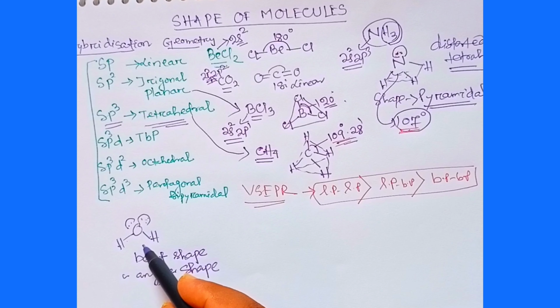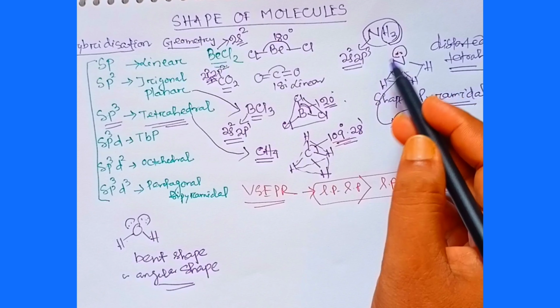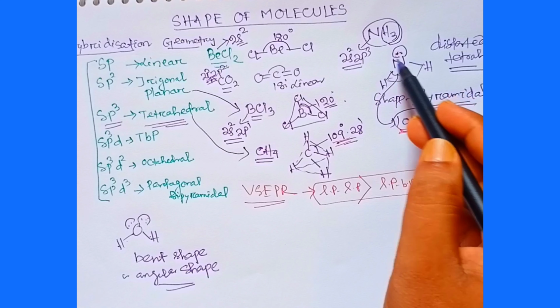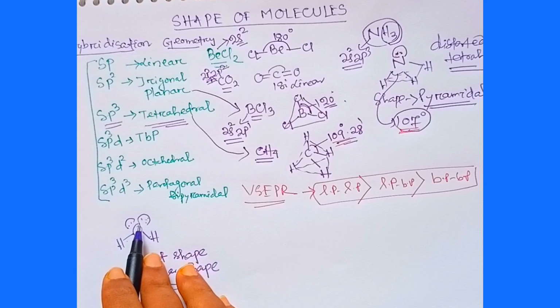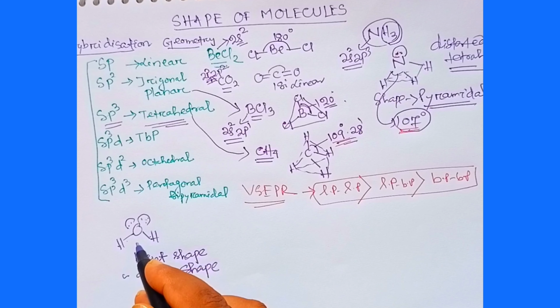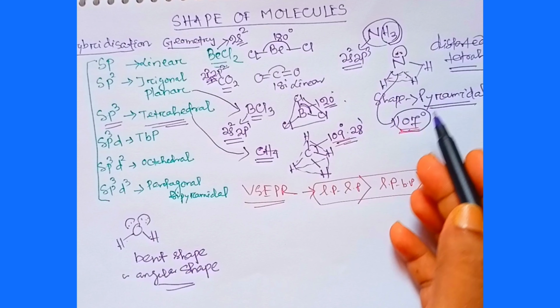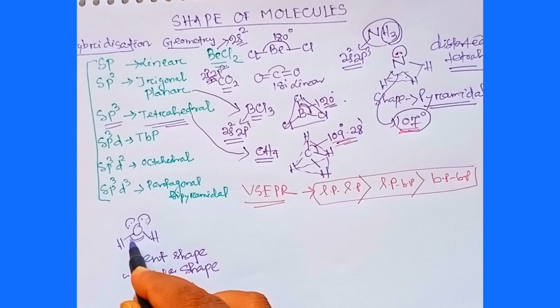So that means here in water the bond angle would be more squeezed than in ammonia, because in ammonia there is one lone pair, but in the oxygen in water there are 2 lone pairs, so the squeezing force will be more in water than in ammonia. So what will be the bond angle?